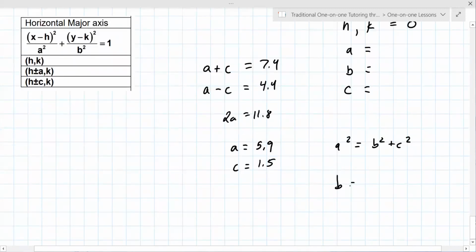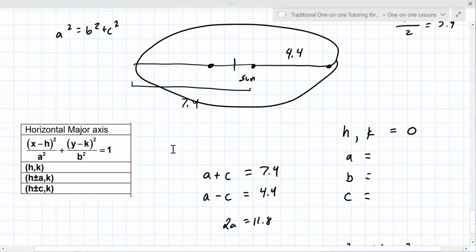So B is going to equal the square root of 5.9 squared minus 1.5 squared. When you get that number, you plug that into this equation right here, and you're done with part A. Any questions on that? No.